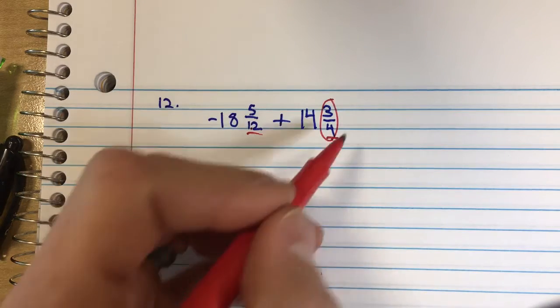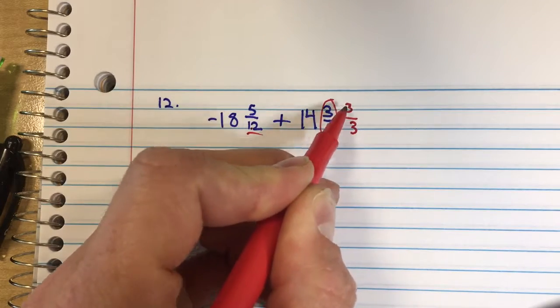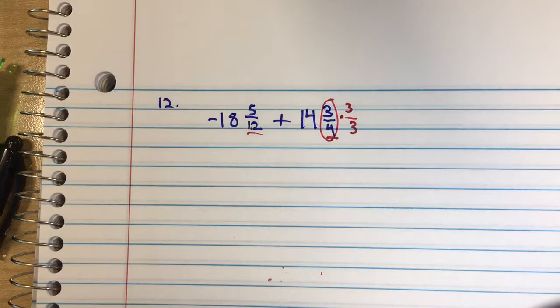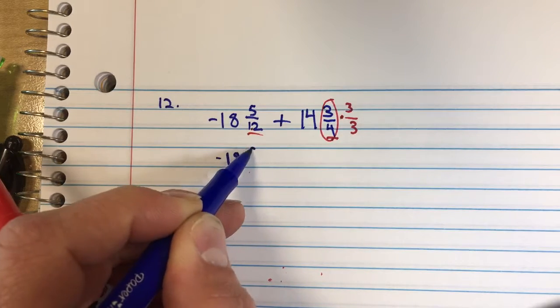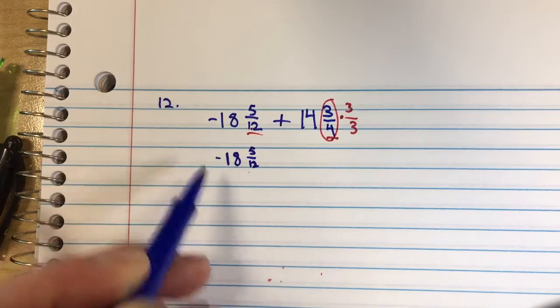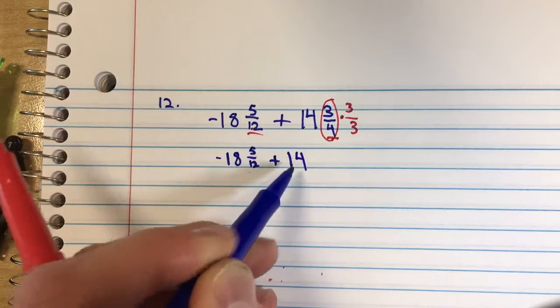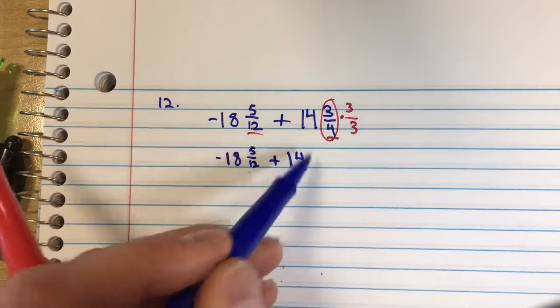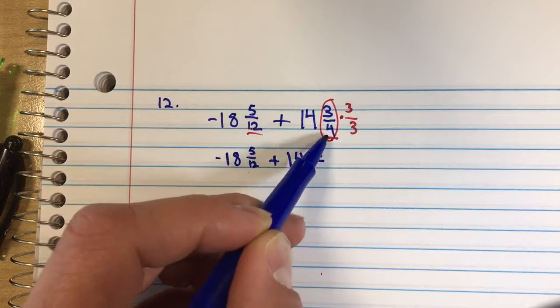Well, 3. So if I actually multiply this fraction by 3 over 3, I'll get a denominator of 12, and that gets me going on the right track for this math problem. Okay, so negative 18 and 5/12. That's nice. I don't have to convert that. 18 and 5/12 plus 14, and 3 times 3 is 9, and 4 times 3 is 12.